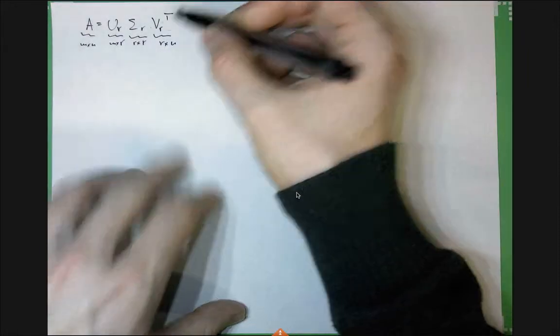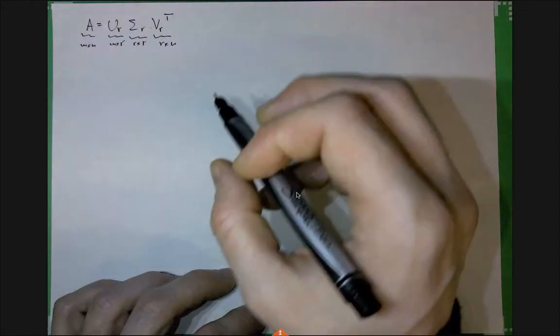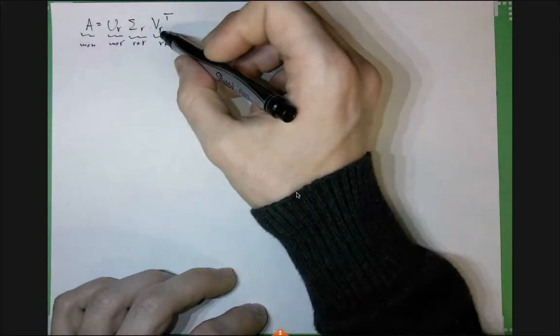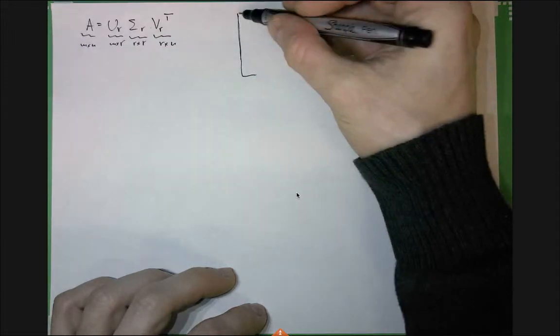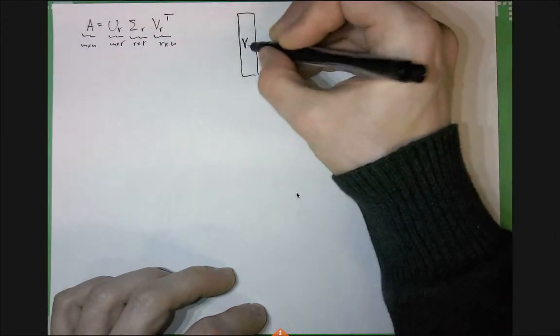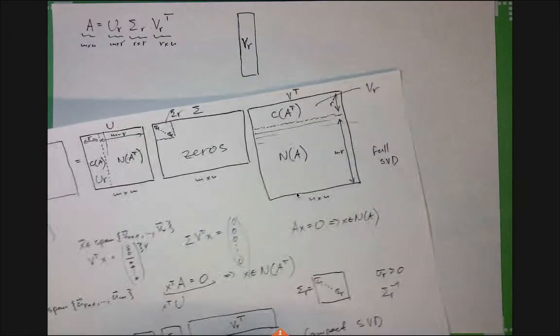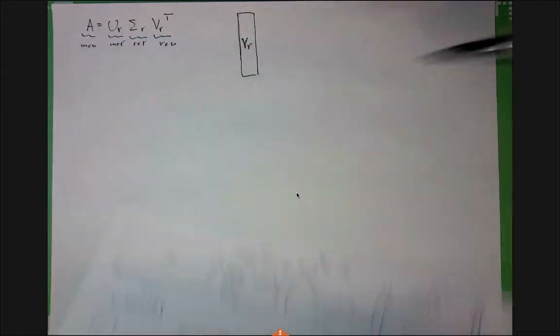Now I have to be just a little bit careful. The VR matrix looks like this. So I cannot say it's orthonormal, right? This is my VR. Before I was looking at VR transpose, but the original VR non-transpose looks like this.